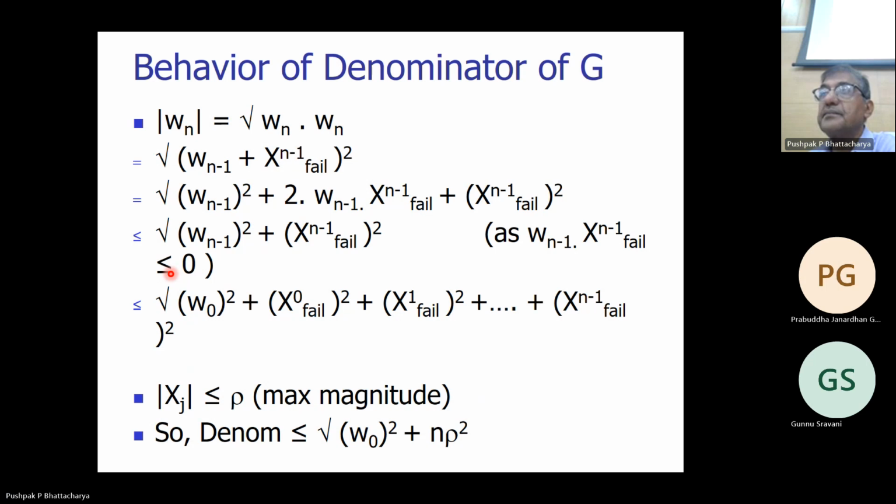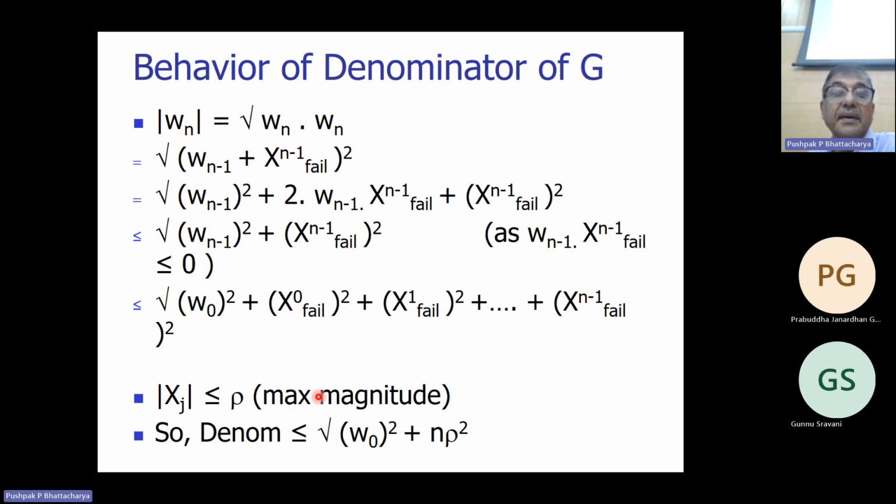So if we move backward towards w0, then we find that this square root expression extends over an expression which has w0 squared plus the squares of all the failed vectors. Now the square of each failed vector has some definite magnitude.